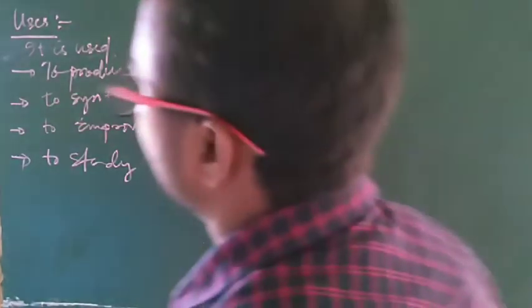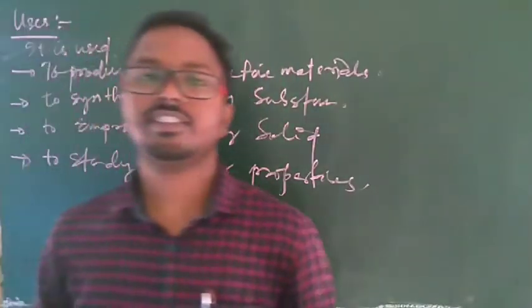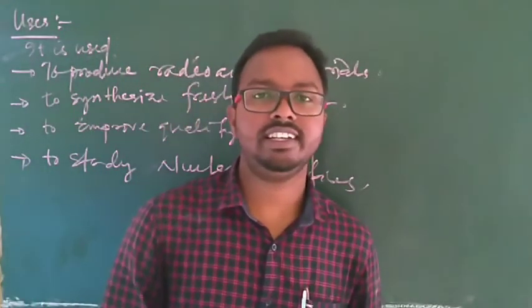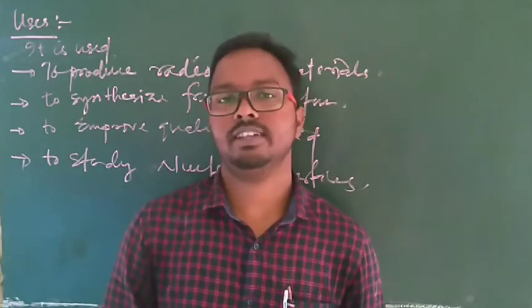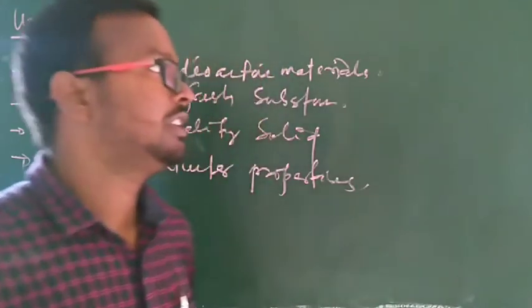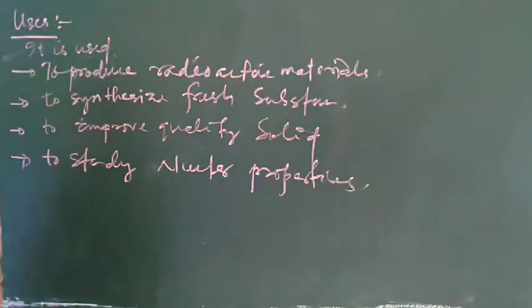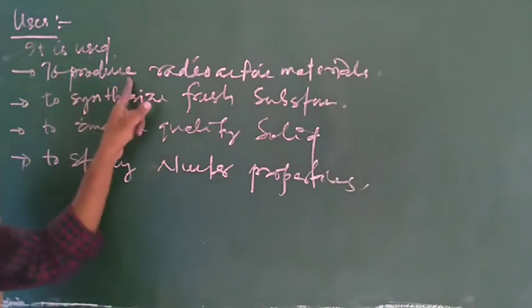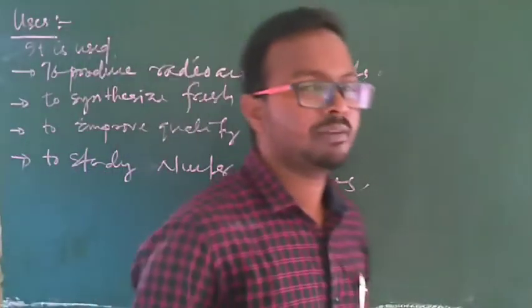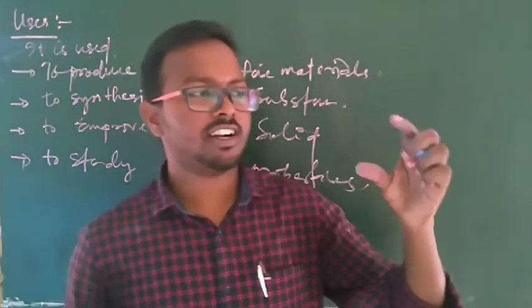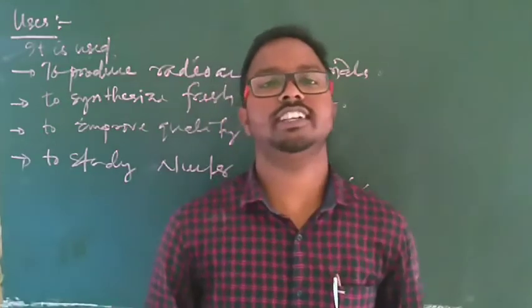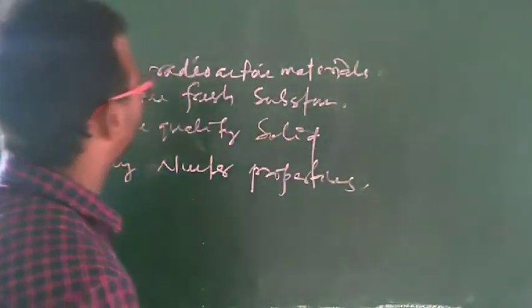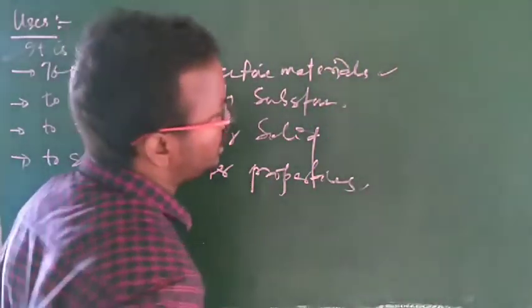So now we will go to what are the uses of the cyclotron. Why do we need an accelerated charged particle? Why do we need a highly energetic charged particle? So these are some key points about the uses of the cyclotron. First, it is used to produce radioactive material, because a highly accelerated charged particle collides with the material, and we produce radioactive material in this way using the cyclotron.